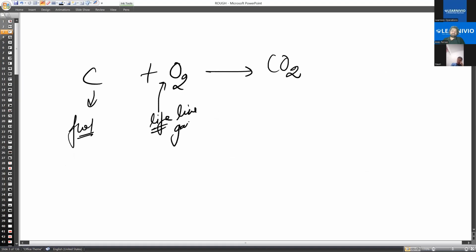Every living organism that does aerobic respiration inhales oxygen. But what does carbon dioxide do? It does not burn, nor does it act as a lifeline gas.